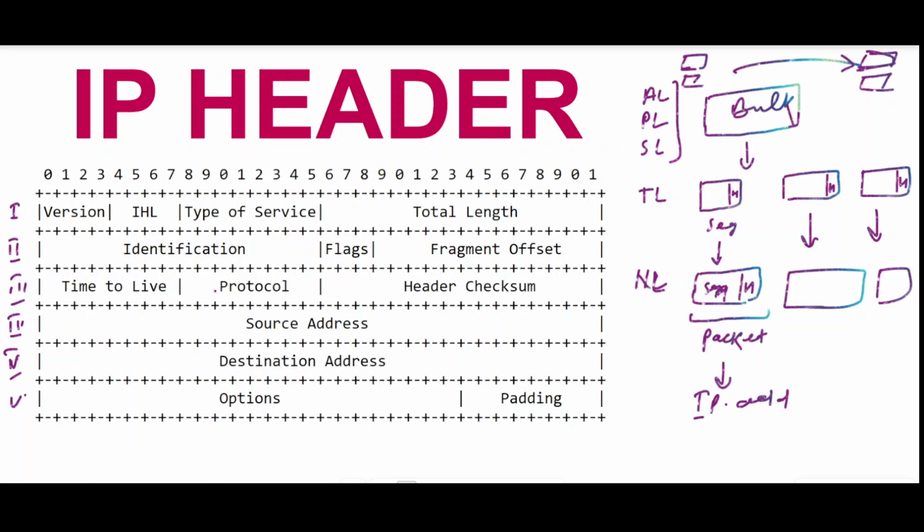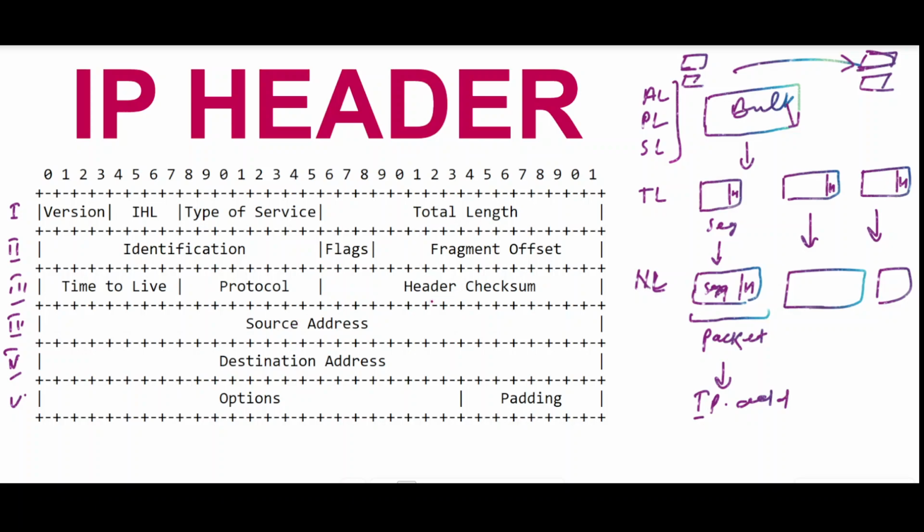Fragment offset, time to live, protocol. These identification flags and fragment offset we generally use to recognize the packet. Clear? Time to live, protocol, header checksum.